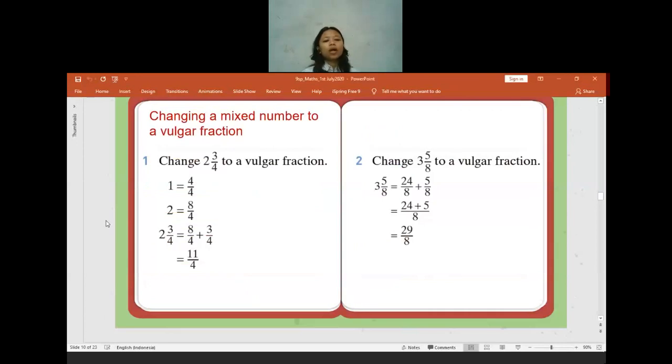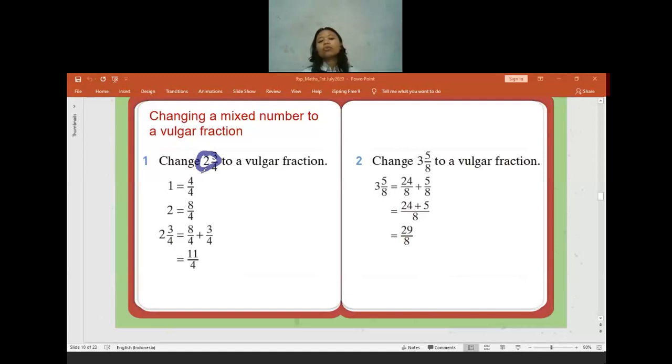Okay. Anyone want to help me? Before we discuss it, I will remind you how to change a mixed number into a vulgar fraction. In here, it will be easier if you differentiate the whole number and the fraction. This is number 2, and the fraction that comes with number 2 is 3 per 4.